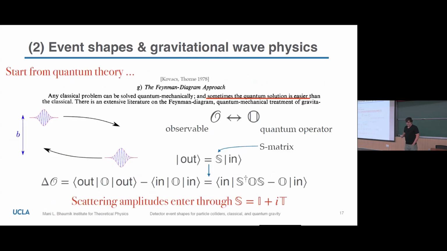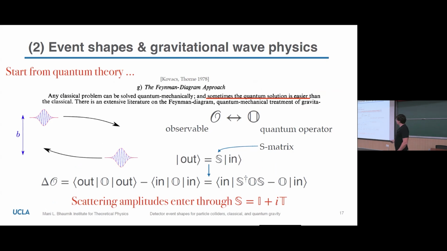So what's the idea behind this KMOC framework? Well, the idea is that we can start from the quantum theory, and already in '78, Kip Thorne realized that any classical problem can in principle be solved quantum mechanically, and sometimes the quantum solution is easier than the classical one. This is the motivation behind the KMOC framework. As you know, in quantum mechanics, observables are encoded by Hermitian operators.